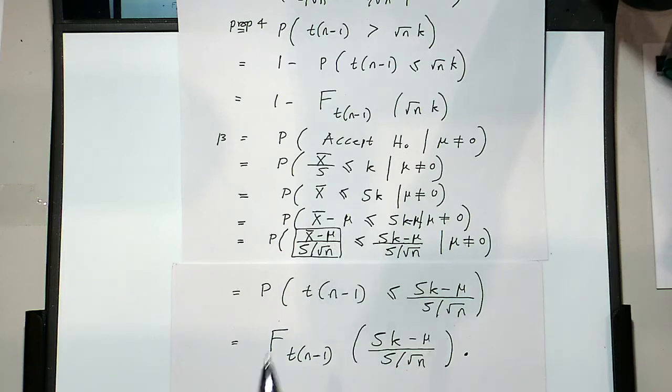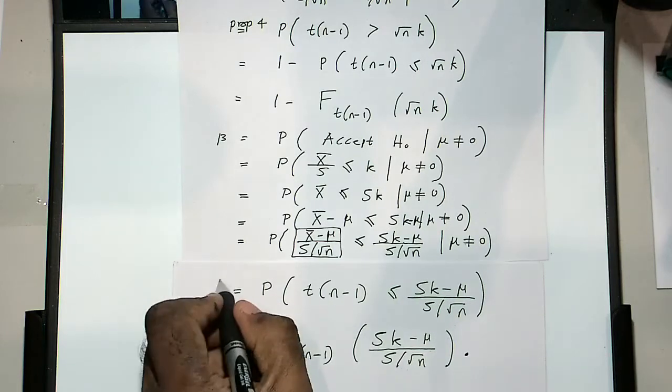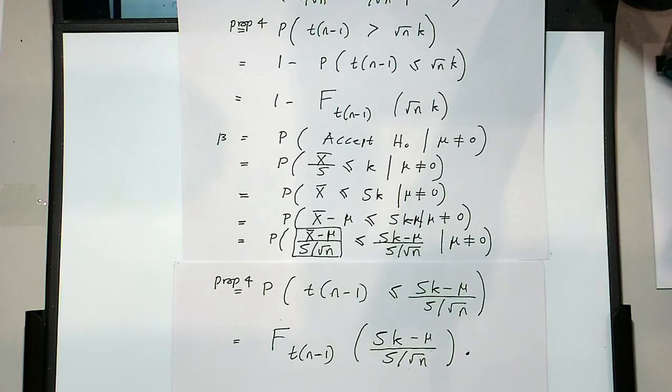Subtracting the population mean from x bar makes the mean go to 0. Then I divided by s over root n, and after that you can use property 4. So in this step, I have used property number 4. I hope you get what I mean.